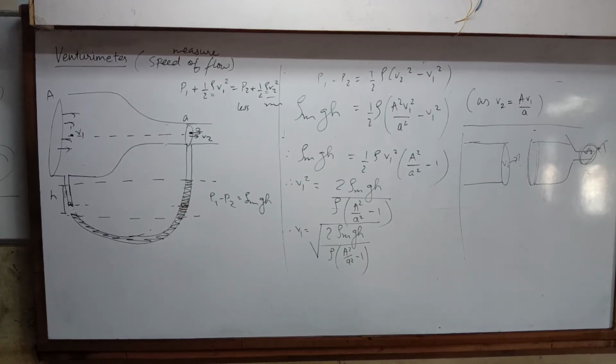Okay, so the artery is exposed by surgery, right? And there a venturimeter is connected, right? The wider part of the meter, the broader area, that is capital A, is 8 mm square. The narrower part has area 4 mm square.